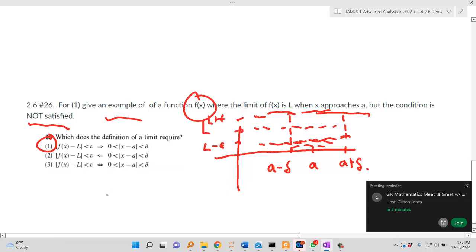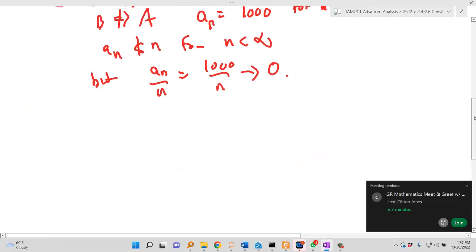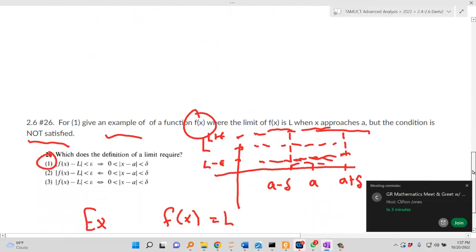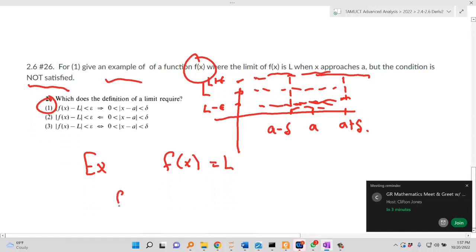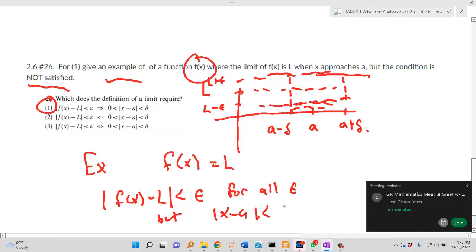A simple example where this is not true is f of x equal to L. In that case, f of x minus L is always less than epsilon, no matter what epsilon is. But certainly we don't have x minus a less than delta for any delta.